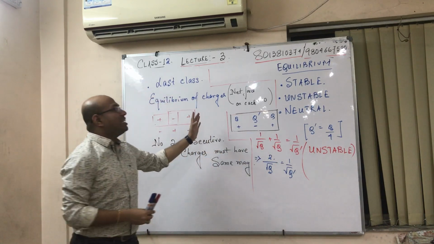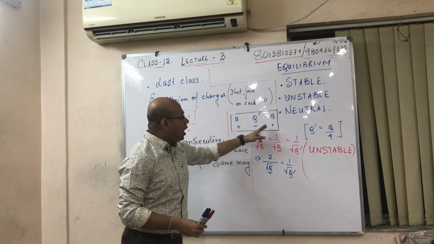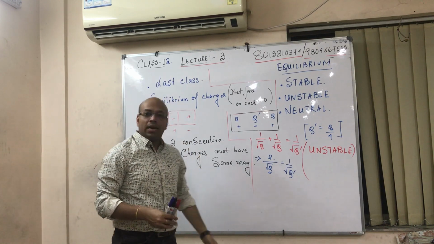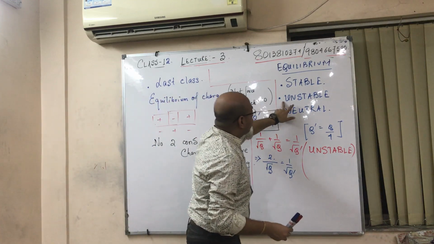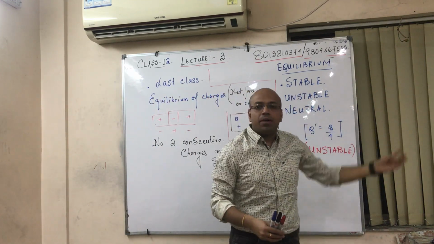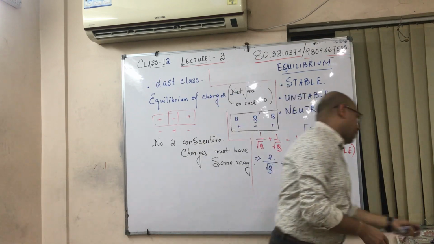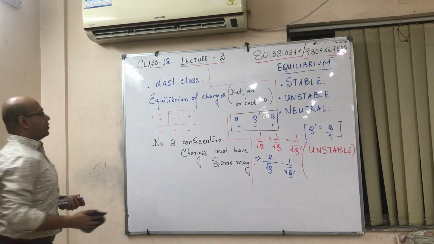Okay, so this is unstable equilibrium. Keep in mind, they all are in one line. So this was the last topic which we were going to study: stable equilibrium, unstable equilibrium, and neutral equilibrium. Okay, now have a note. We will move to the next topic.